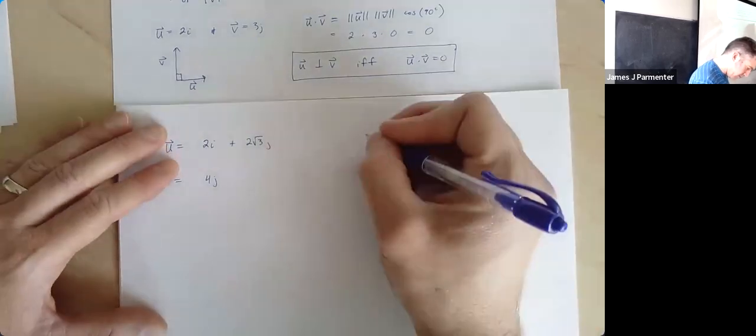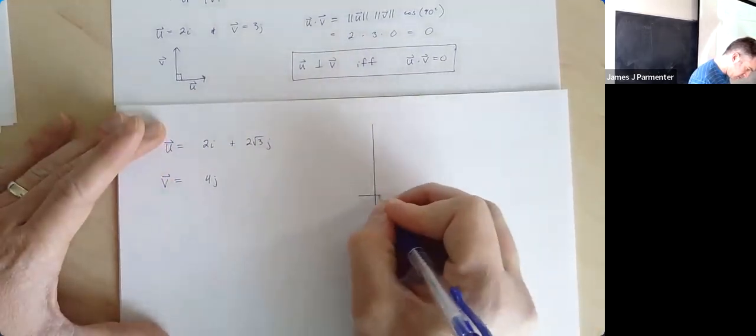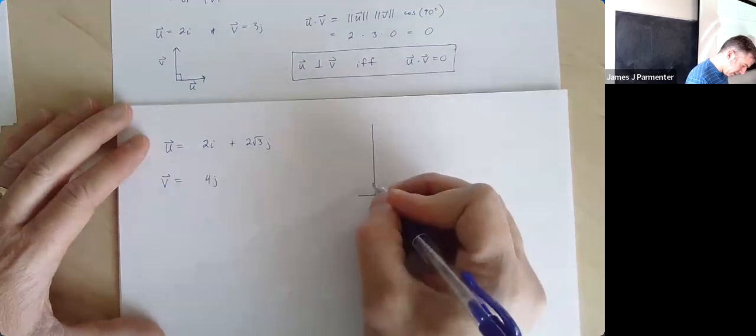I'm going to draw them. 4j is easy enough to draw.